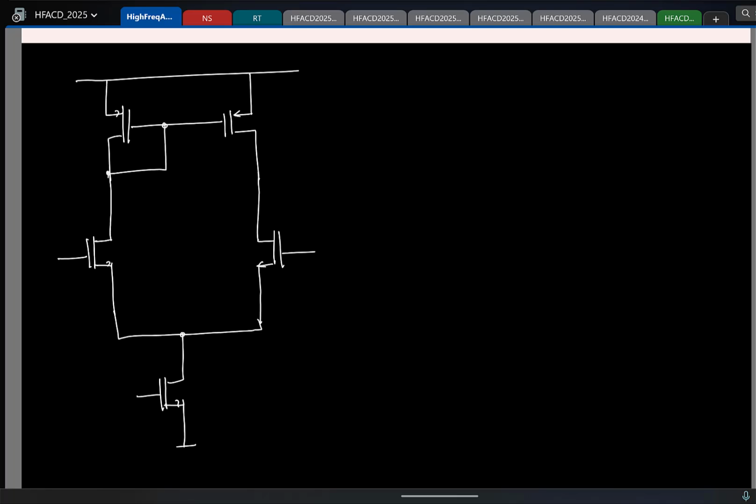So let me label the transistors also. Say this is M1, M2, M3, M4, M0, and let's say this is biased with the current I0. This is the output. So first stage is done.